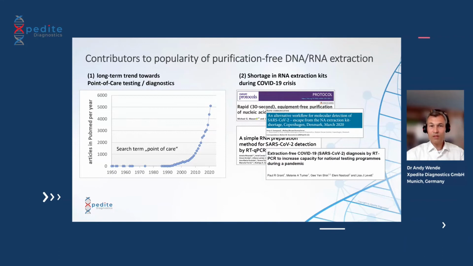SARS-CoV-2 is also an easy target. It's very easy to break up SARS-CoV-2 virus particles. So that was really a nice example of how on a mass scale you can apply fast and direct DNA extraction for molecular diagnostics.